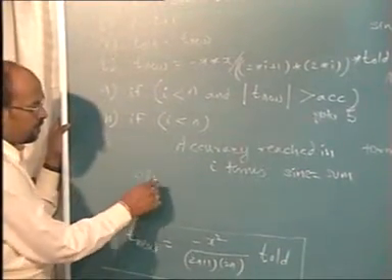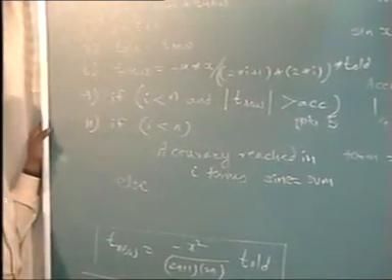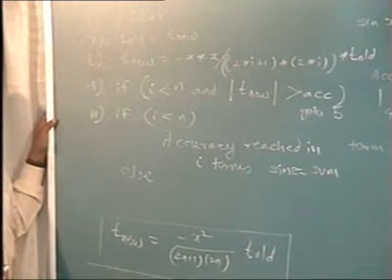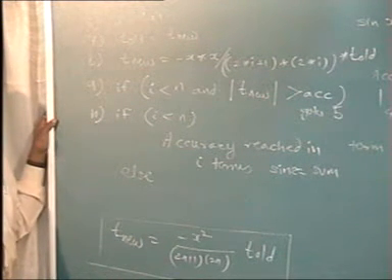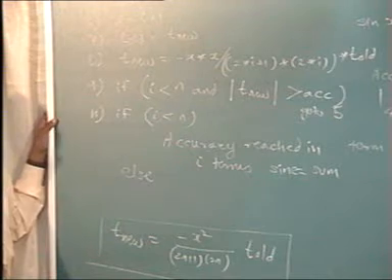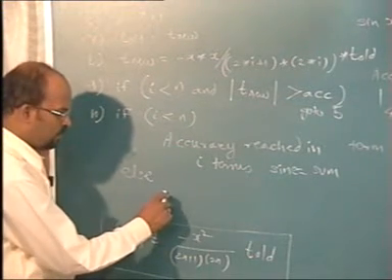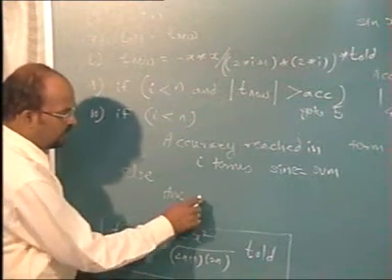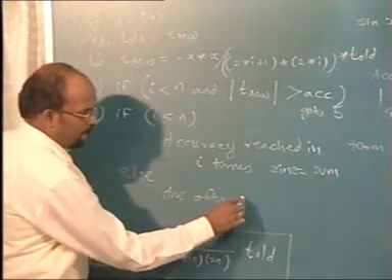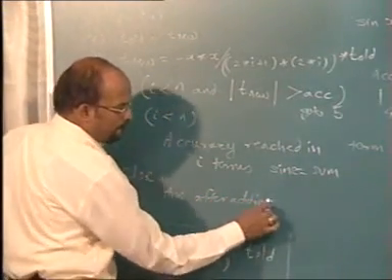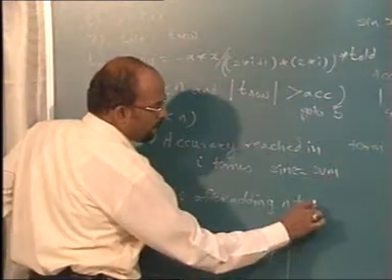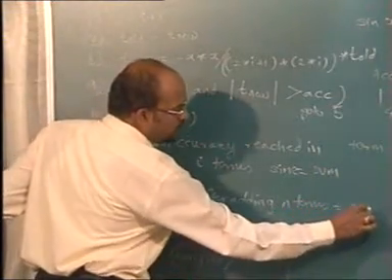Else accuracy not reached, so the answer after adding n terms is so and so. Okay. Answer after adding n terms is equal to sum.